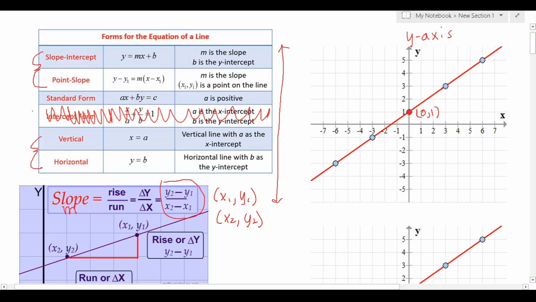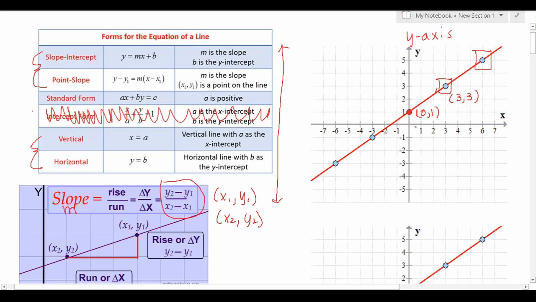In this case, let's use this point on the line, as well as this point, to find its slope. We can see that this point is at 3 on the x-axis and 3 on the y-axis. So in other words, it's (3, 3).